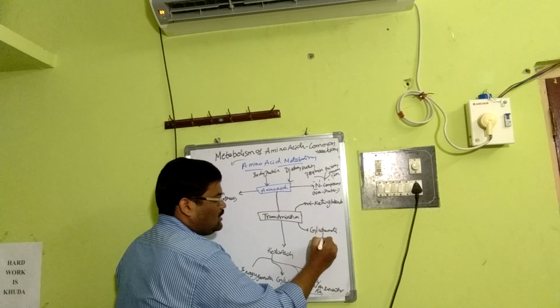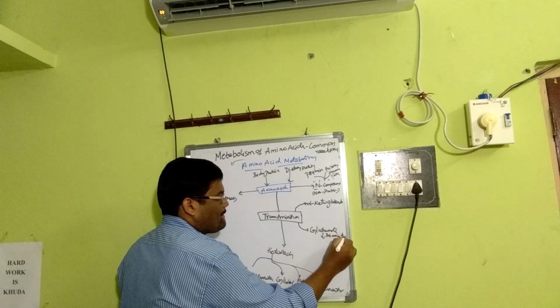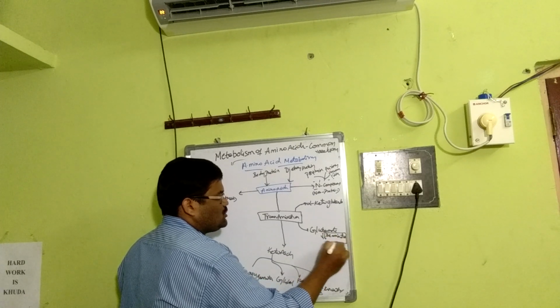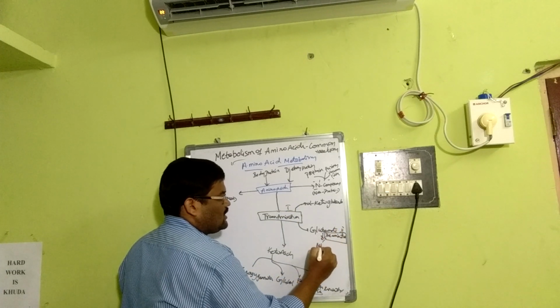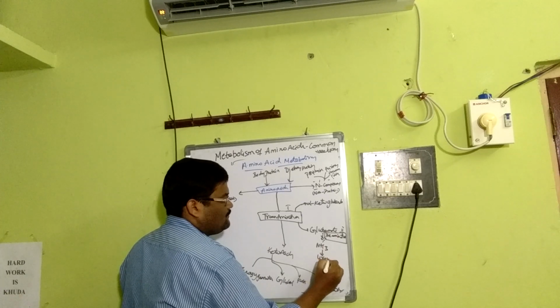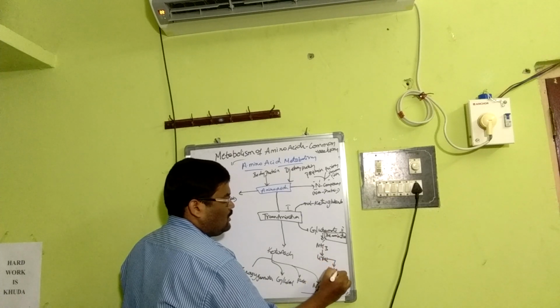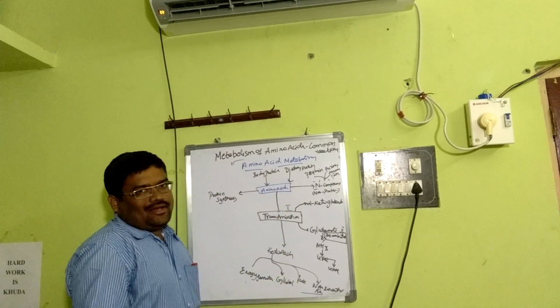And the glutamate will be deaminated, what we call deamination. Deamination is the second reaction that leads to generation of ammonia, and through urea and urine. This is the general overview of amino acid metabolism.